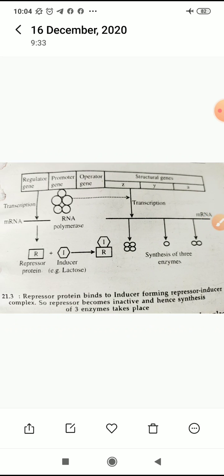Now when the co-repressor is absent, synthesis of enzymes takes place.